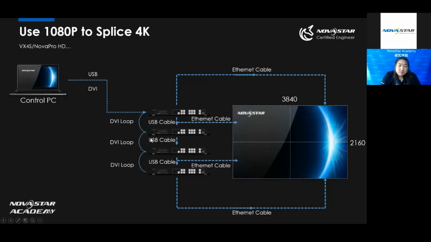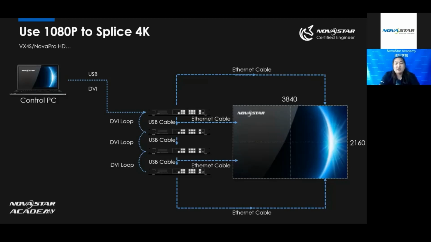But someone will ask, what if I'm going to use HDMI? I have to say the answer is no. Why? Because it only has the DVI loop, so the input should be DVI as well. You could not use HDMI in and use the DVI loop out. That's the point.